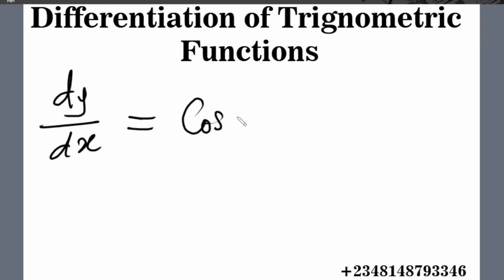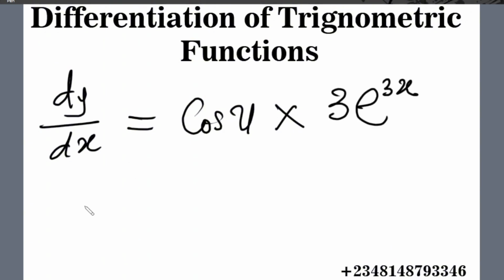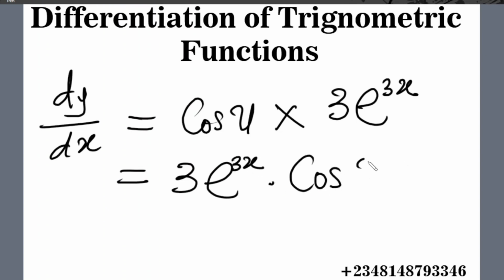If you substitute into the chain rule formula, it gives you dy over dx equals dy over du, which gave us cos u, multiplied by du over dx, which gave us 3 exponential 3x. So we have 3 exponential 3x multiplied by cos u.